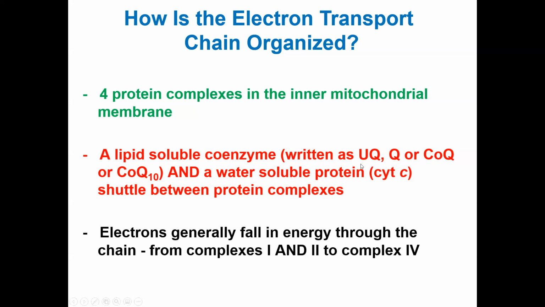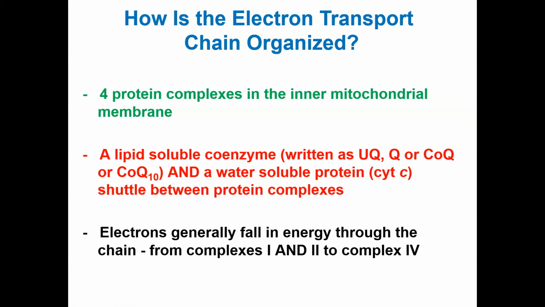And then you also have a water-soluble protein called cytochrome C. Okay, cytochrome C has a prosthetic group. I'll talk about that. That is also involved in shuttling between different protein complexes. So coenzyme Q and cytochrome C actually shuttle electrons from these reducing carriers between complexes 1, 2, 3, 4.